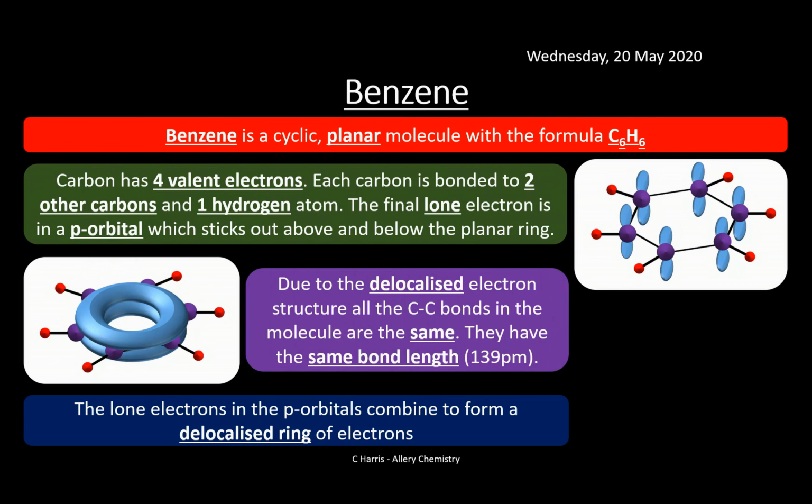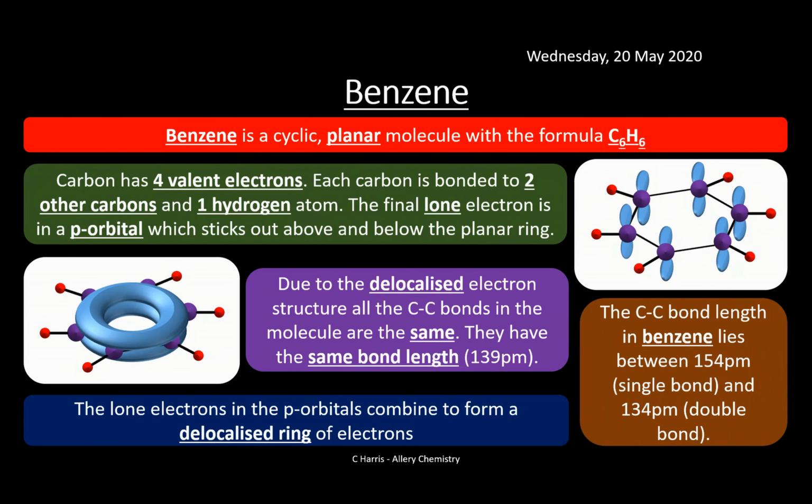Because of that delocalized electron structure, all the C-C bonds are the same length, which is 139 picometers. That's exactly the same length, there isn't any longer or shorter ones. That sits somewhere in between a single and a double bond, which gives it a very unique property, because you can see there that a single bond is 154 picometers, and the double bond is a bit shorter at 134 picometers.